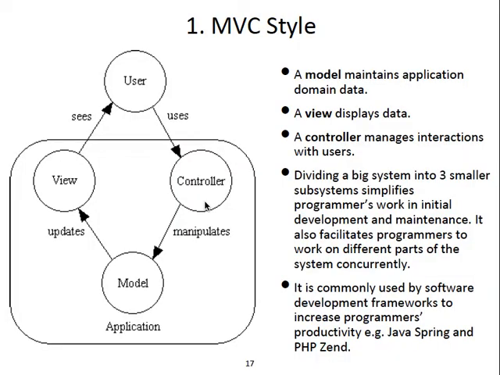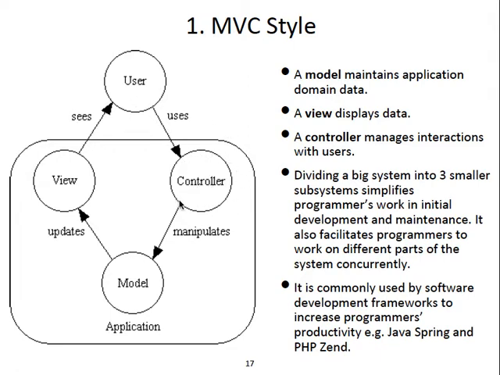Okay, we can see an actual example. For example, MVC stands for Model View Controller. It divides a system into the view, which is visible to the user, and the user would give their input to the controller.